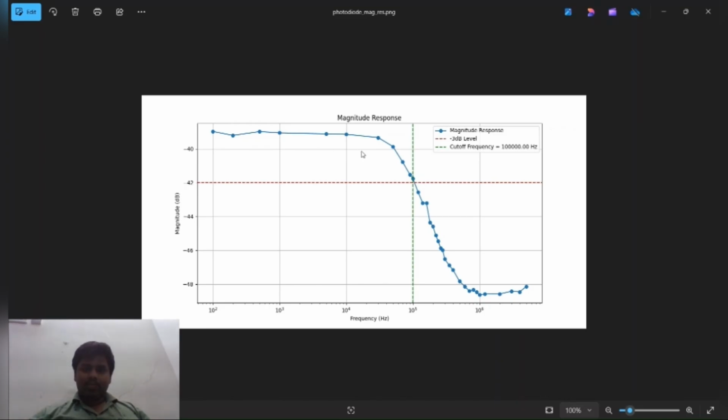It is behaving ideally, and in the higher frequency range it is decreasing. We can calculate the cutoff frequency by getting the 3 dB level of the gain, and in our case the cutoff frequency is 100 kilohertz.